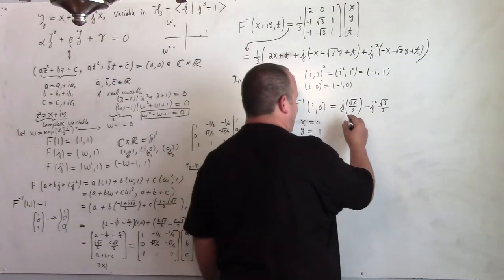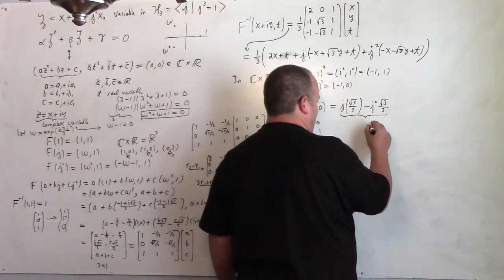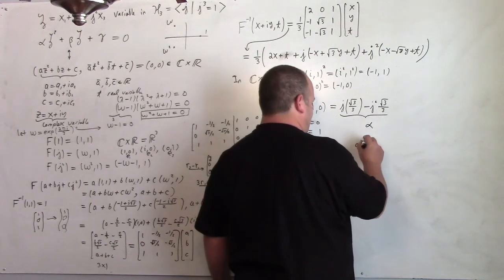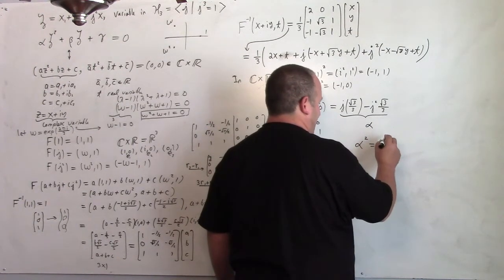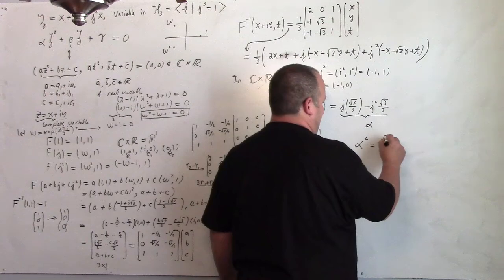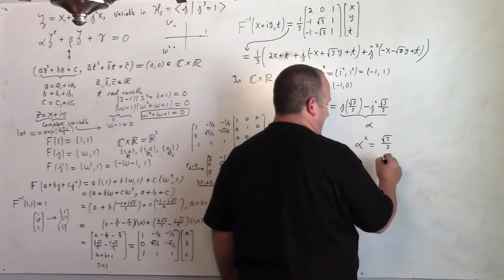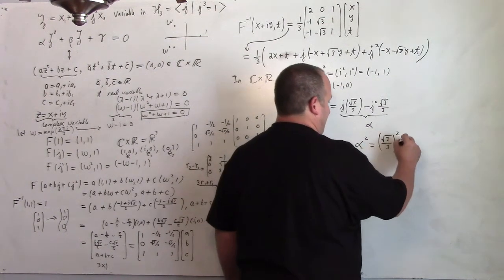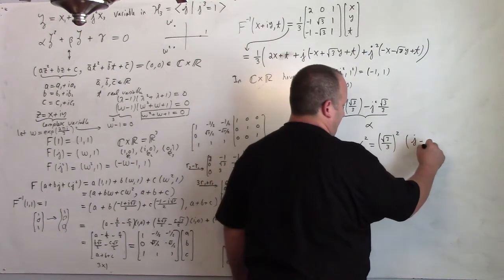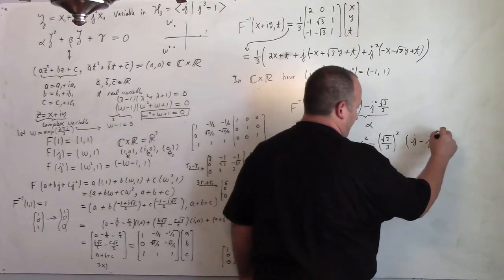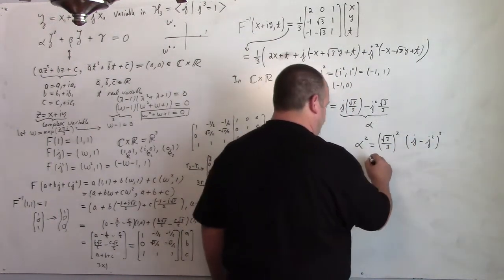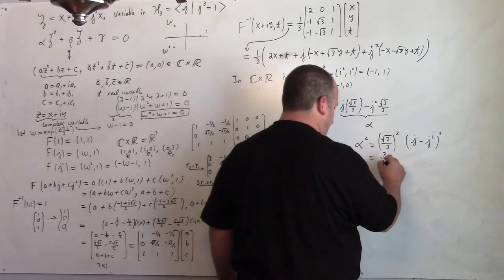Huh, interesting. So if I call this thing alpha and I study alpha squared, what do I get? I got square root of 3 over 3, I'm going to leave that up front, times j minus j squared. Let's go ahead and write that out.